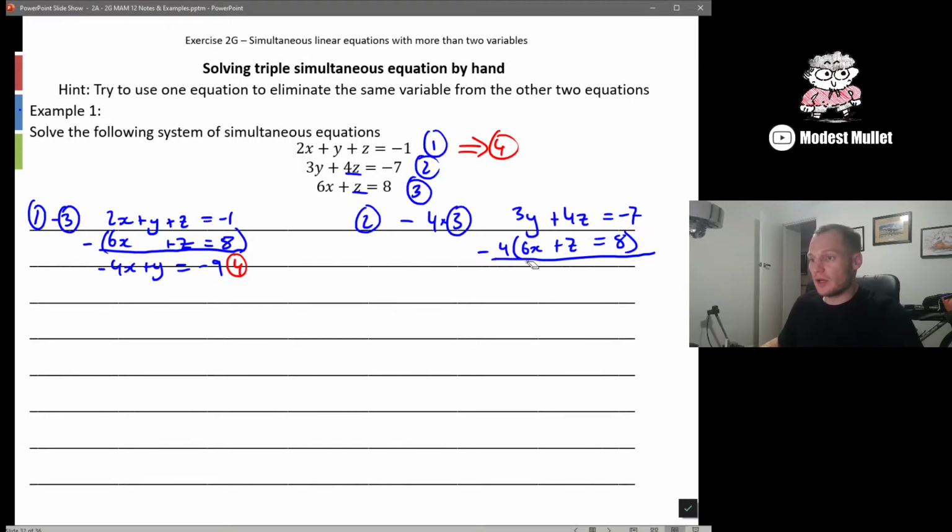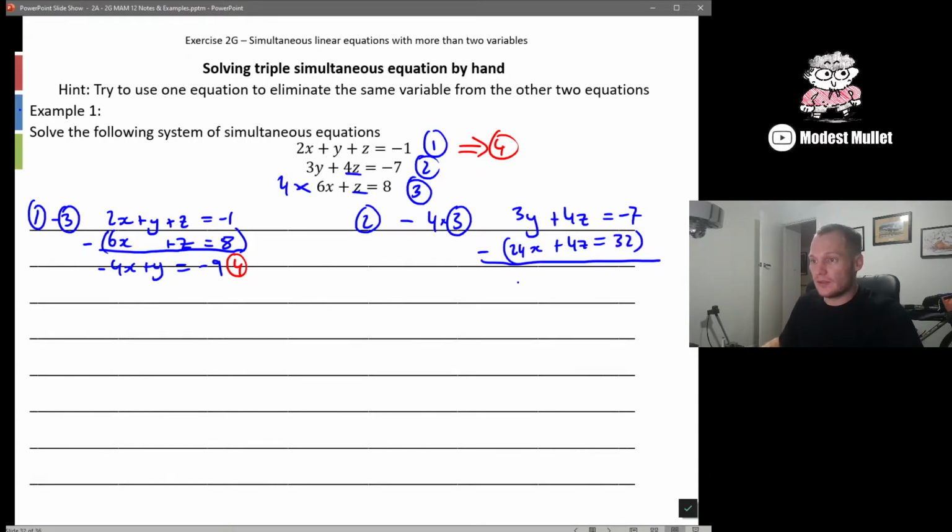So 4 times 6 is 24x, plus 4 times z is 4z, and 4 times 8 is 32.